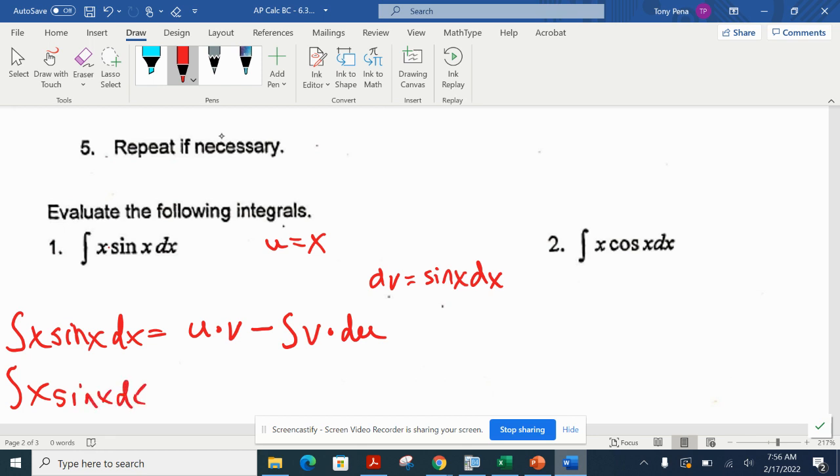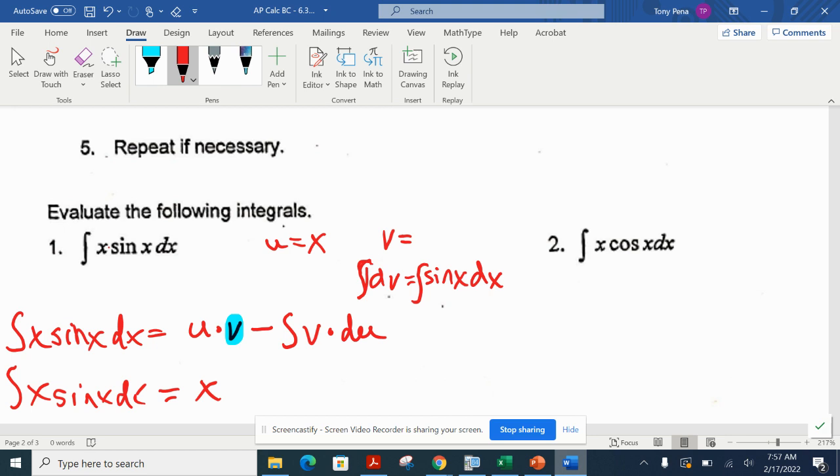We said u is going to be x. Well, the v we don't have, but I could create a v if I come over here and do the antiderivative of dv. These pens are a little sketchy these last few days. So if I did the antiderivative of dv, that gives me a regular old v. It's like a 1 right here.